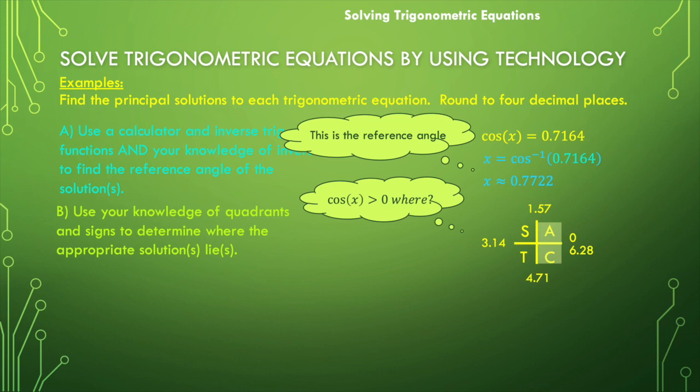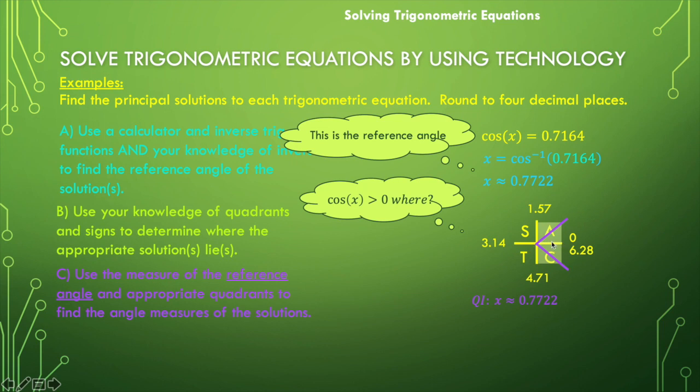All right, and so now let's think about how do we find those angle measures? Well, we know that our first quadrant angle is given to us straight from our calculator. That's awesome. We know that it is in the first quadrant because it's between 0 and 1.57.